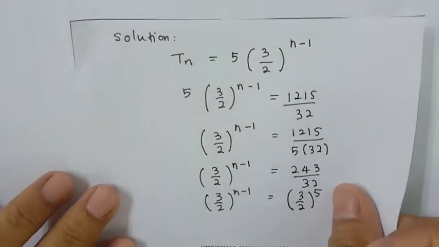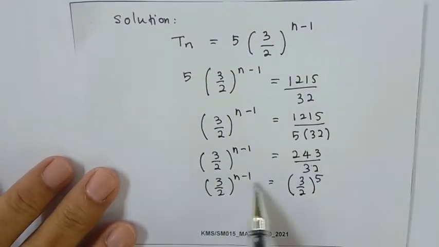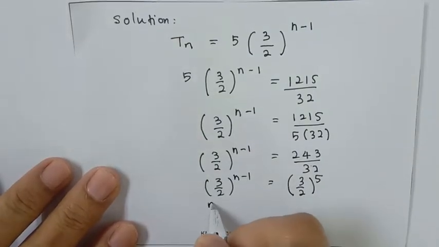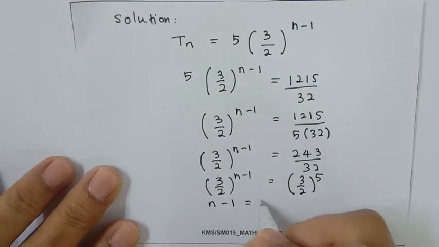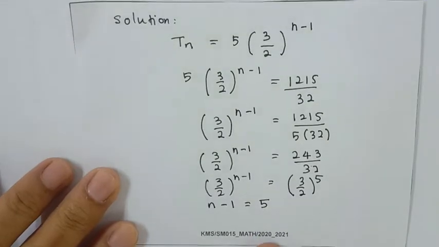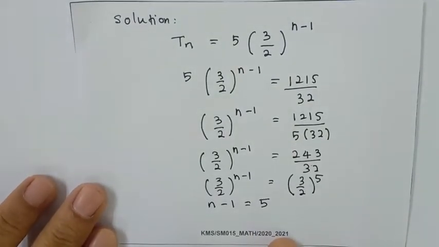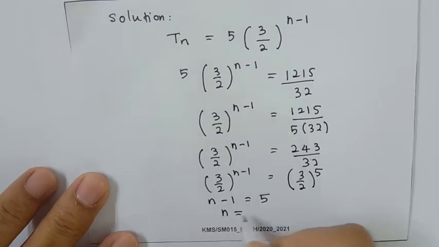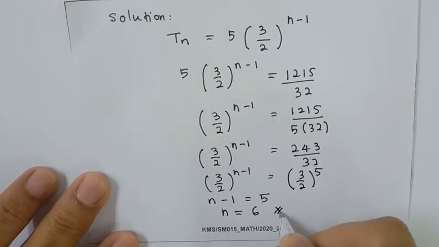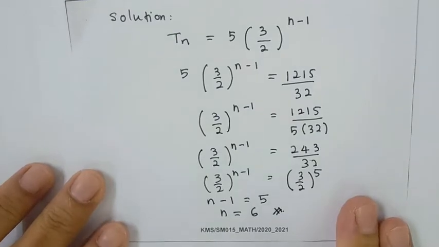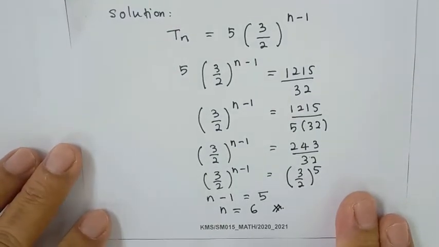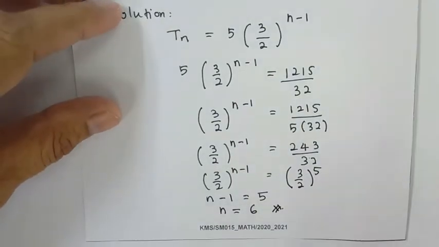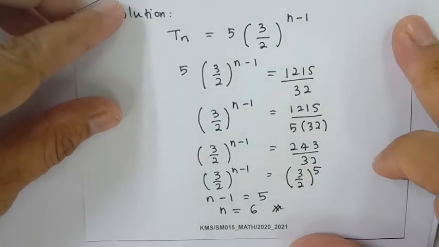So the left hand side is n minus 1, equal to the right hand side 5. Then we get the value of n equal to 6. Okay, settle for example 1.